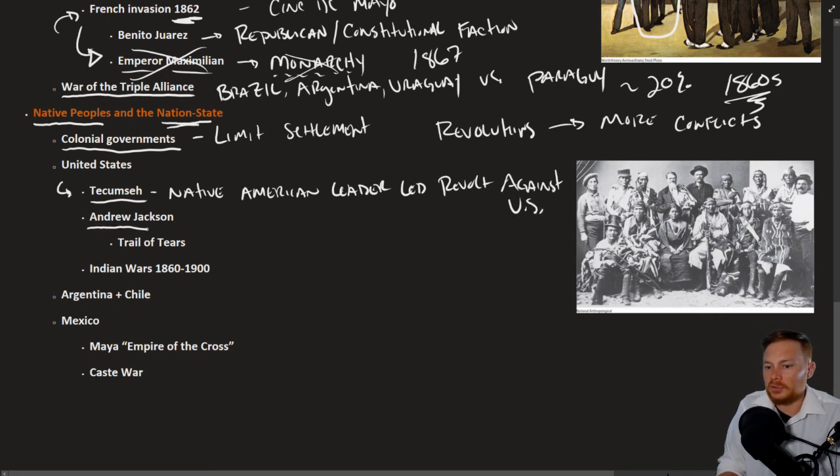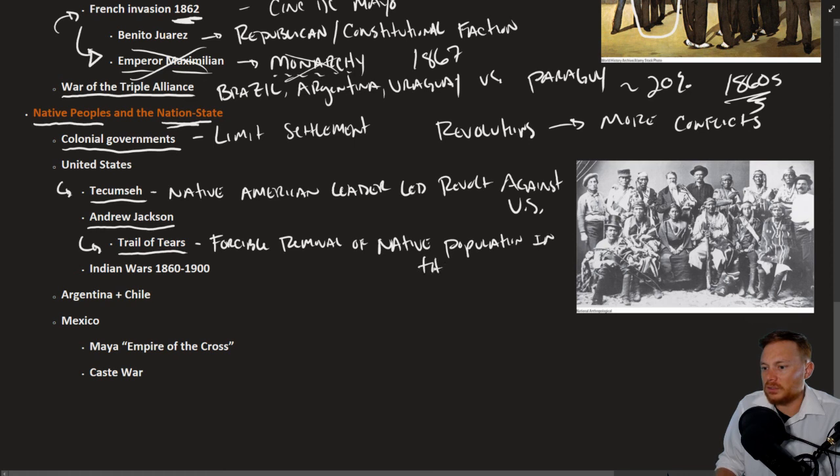In the case of Andrew Jackson, under his presidency, Congress authorized the Trail of Tears, which was the forcible removal of native populations in the states, right, of which many died along the forced migration. And then after the Civil War was over, the United States continued to go to war with Native Americans like the Sioux, like the Lakota, like the Arapaho. From 1860 to 1900, there were just constant clashes between the U.S. government and Native Americans.